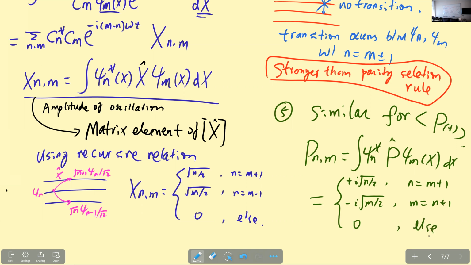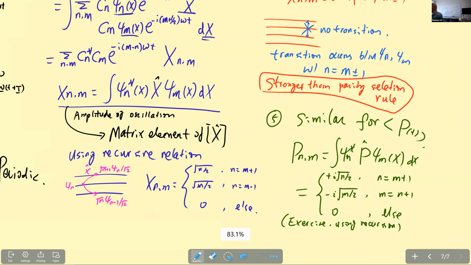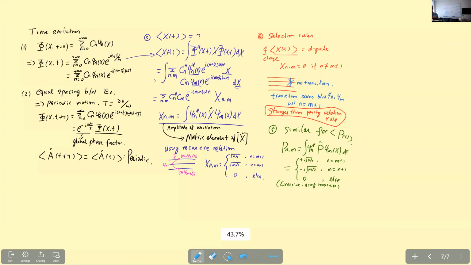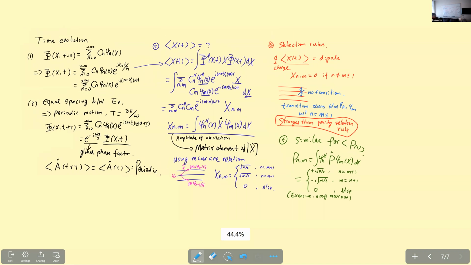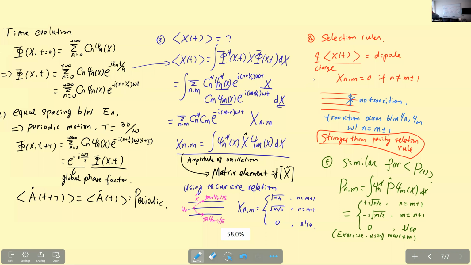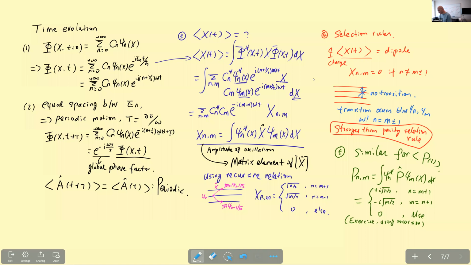So I leave this one as an exercise for you, using the recursion. Okay, so that is about the time evolution.